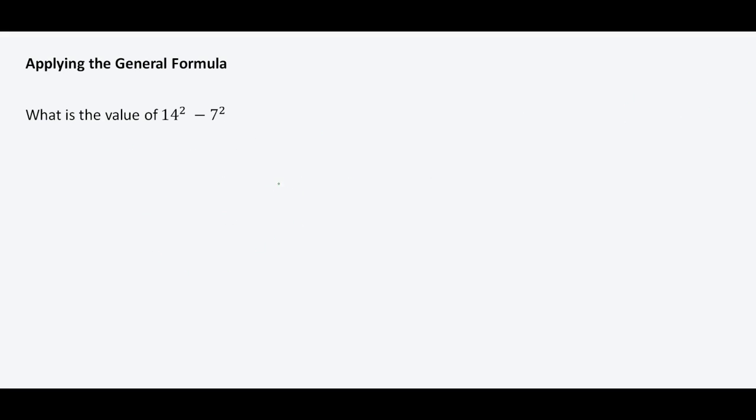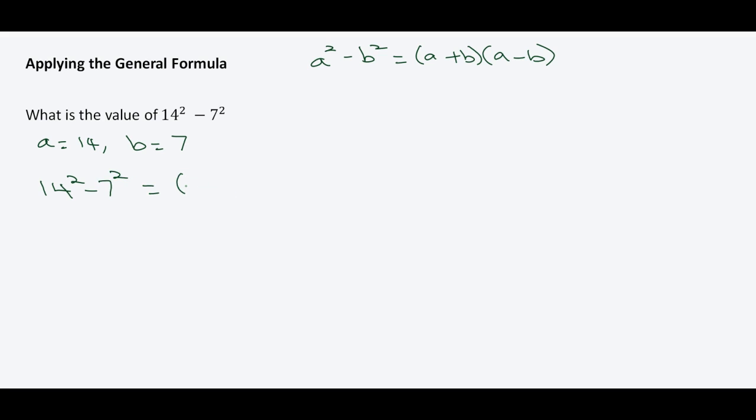Next example, we have a squared minus b squared equal to a plus b multiplied by a minus b. So we can say a is equal to 14, b is equal to 7. So 14 squared minus 7 squared is going to be 14 plus 7 multiplied by 14 minus 7.